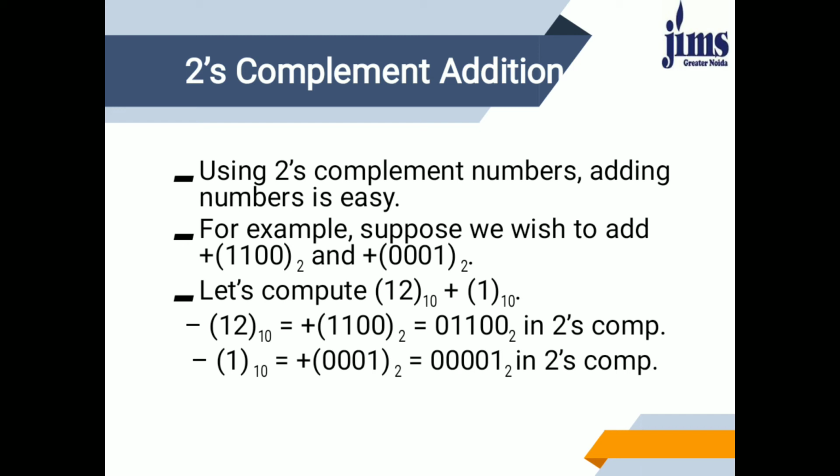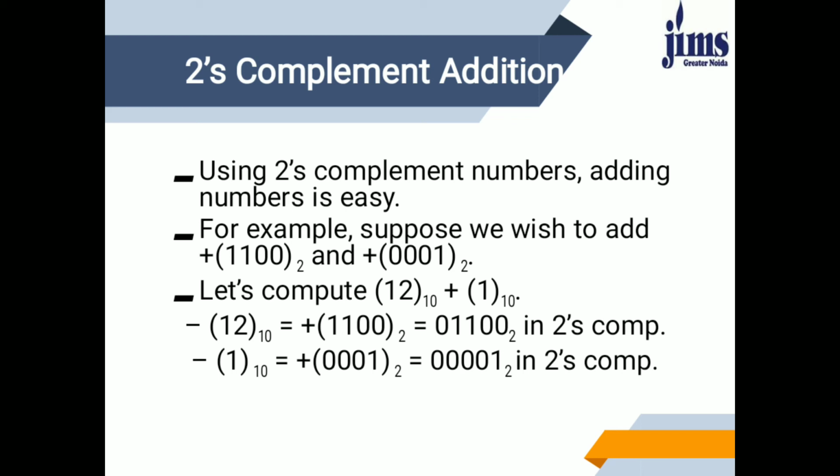If we wanted to add 2 numbers in 2's complement, then what is the answer? Suppose 12 is written as 1100. If we are writing 1100 but saying that it is in 2's complement, that means it is equivalent of minus 12.